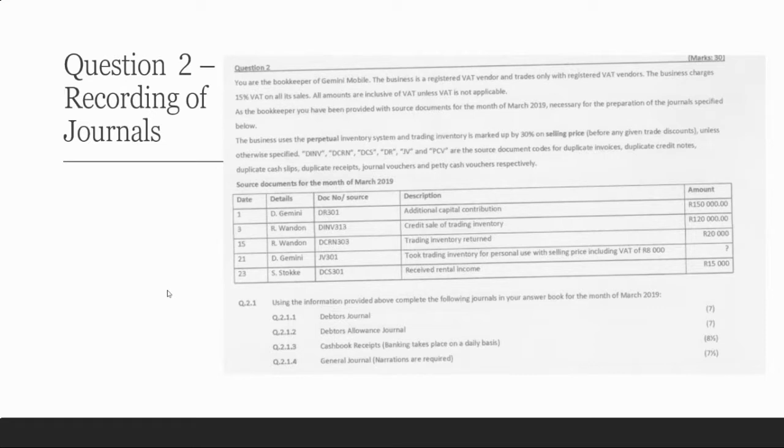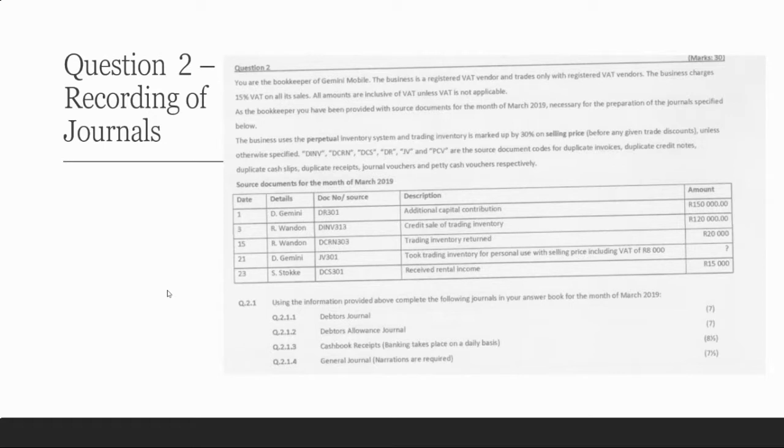Now the reason they tell you that is because if you bank it on a daily basis, your bank and your analysis of receipts would be the same. And then your general ledgers, narrations are required. If they tell you narrations are required, you will receive a mark for it.